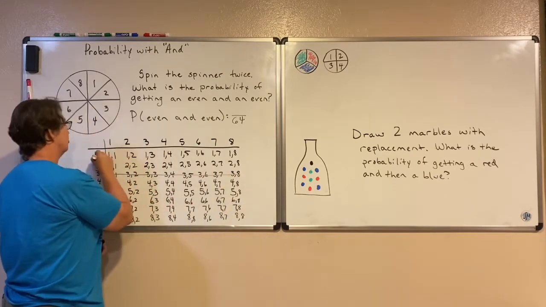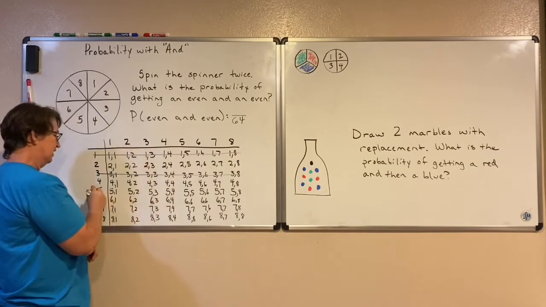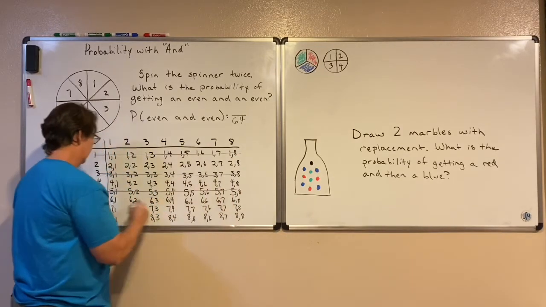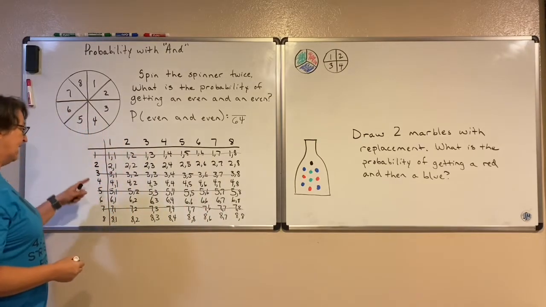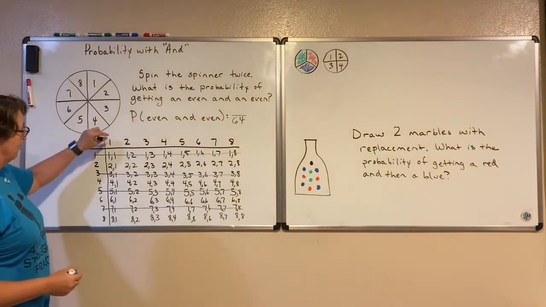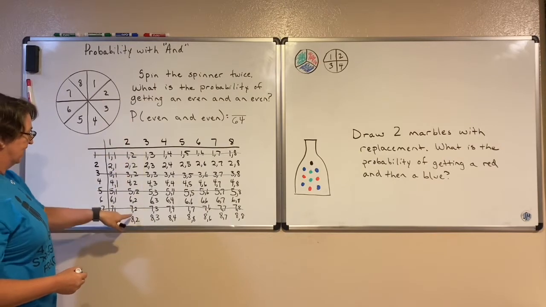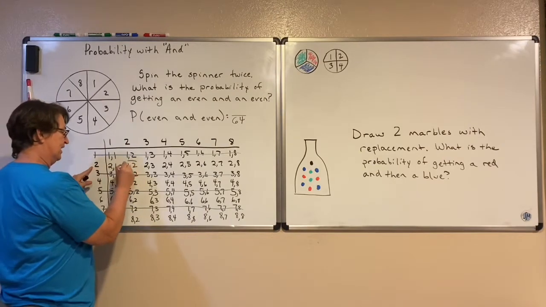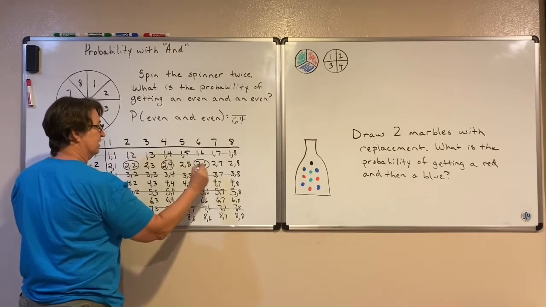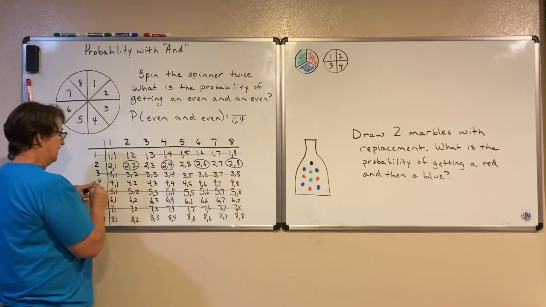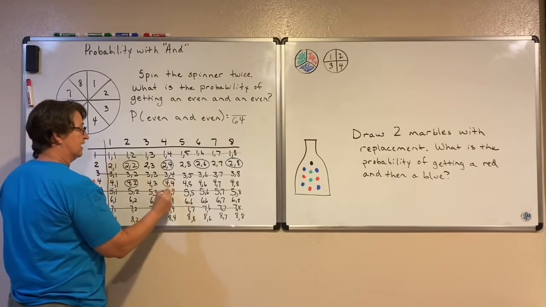So none of those, and it eliminates my 5s, and it eliminates my 7s because those are all odd. So then it has to be within this row, and then it also has to be even on the second spin. So an even and an even, an even and an even, and so on.